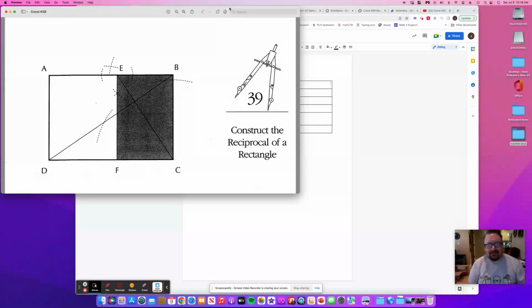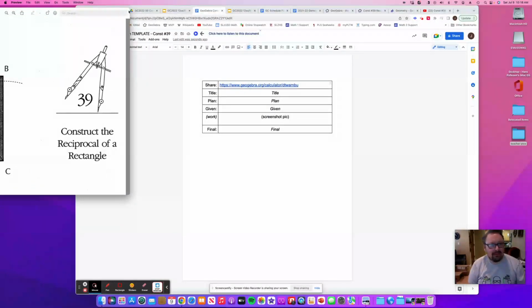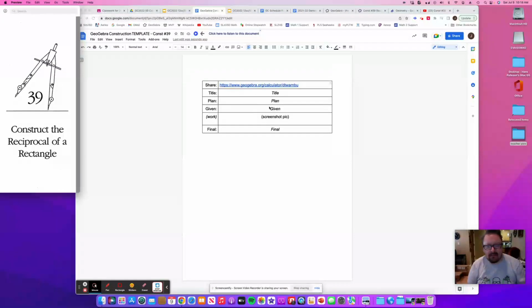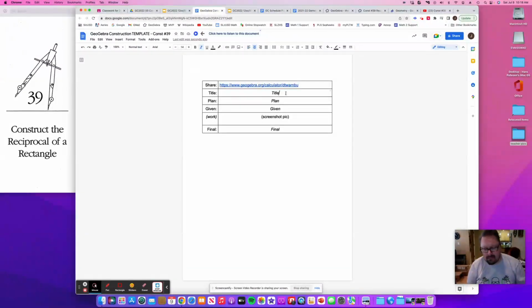Move this over. Construction 39. And our plan is to construct a reciprocal of a rectangle.